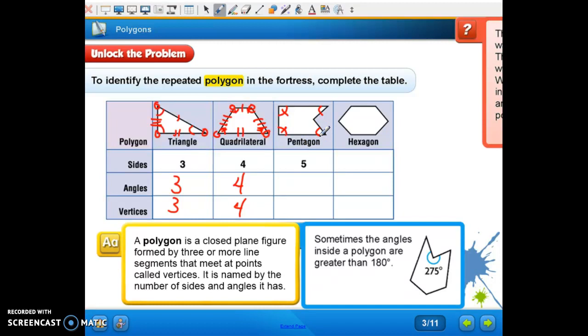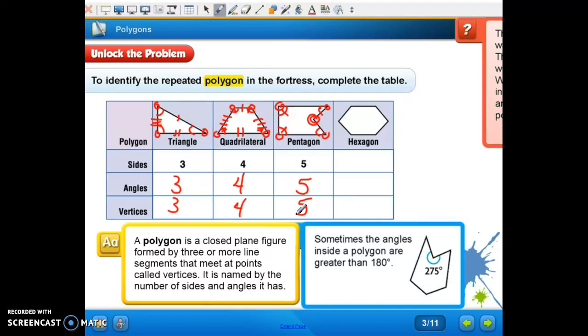I'm not sure, those don't really look congruent to me, but I assume they may be. And then here's the other angle. So it has 5 angles and 5 vertices.